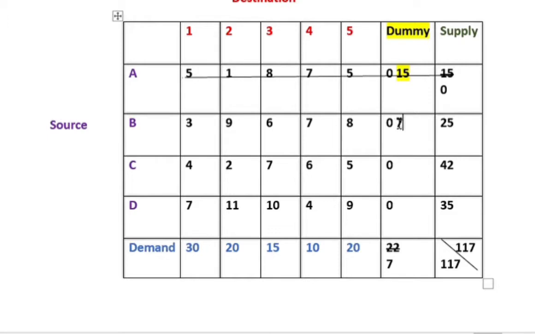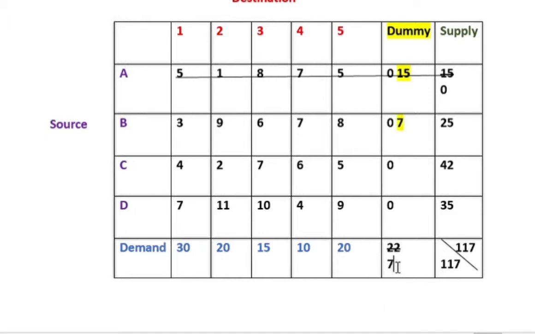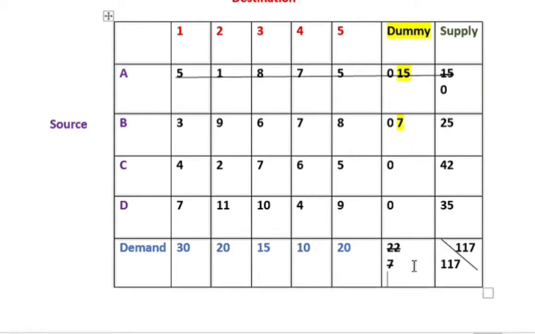So I will write 7 here. Then 7 minus 7 is 0 demand left, and 25 minus 7 is 18 supply left. So this column will get cancelled now.